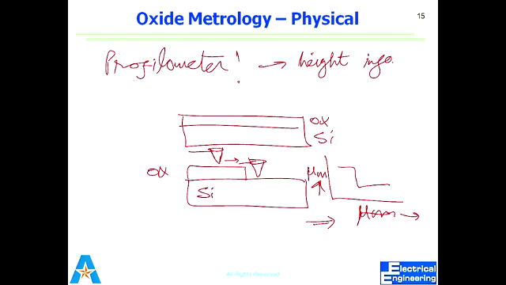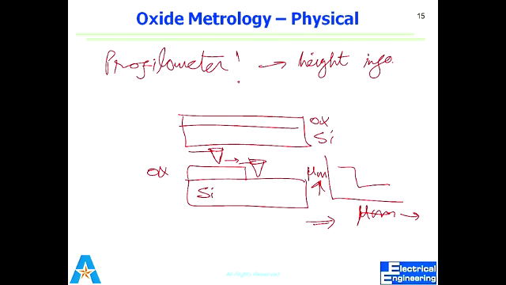And secondly, mechanically you need to do this, so you should exactly know where the step height is. If I don't know that at this point the step height should give me the silicon dioxide thickness, then I cannot use the profilometer. That's why it makes the process a bit complicated, because you are doing it manually, but it gives you the very accurate answer. So that is the physical method.